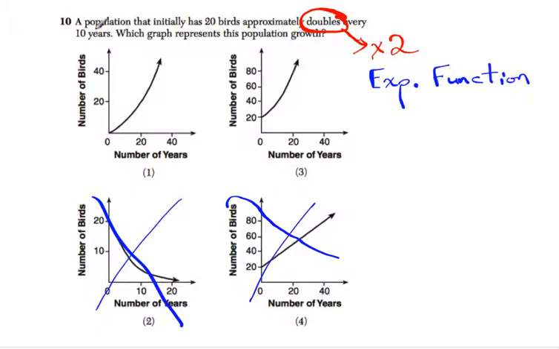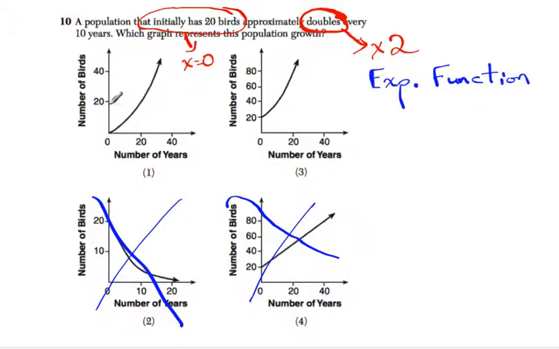So what's going to separate us here, if we reread the question carefully, we see that it said there was initially 20 birds in the population. So initially 20 birds means before this survey even started, when x equaled 0, time is the x value here, there were 20 birds, meaning we should have a y-intercept of 20.